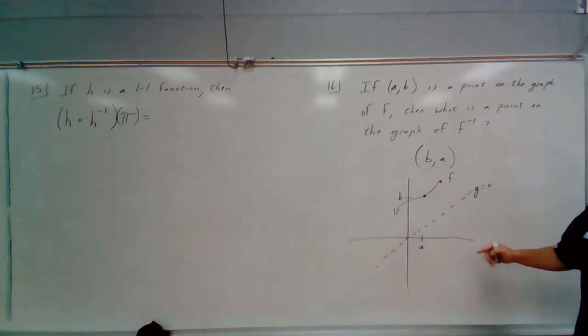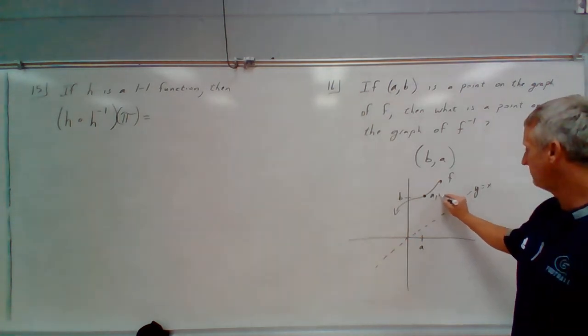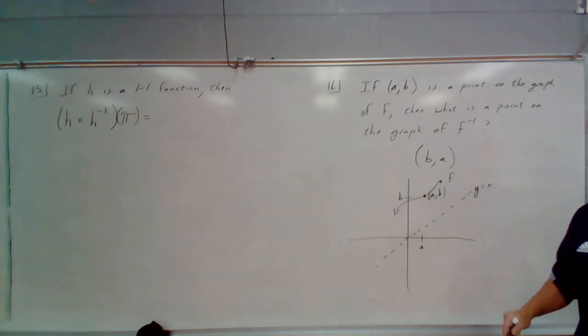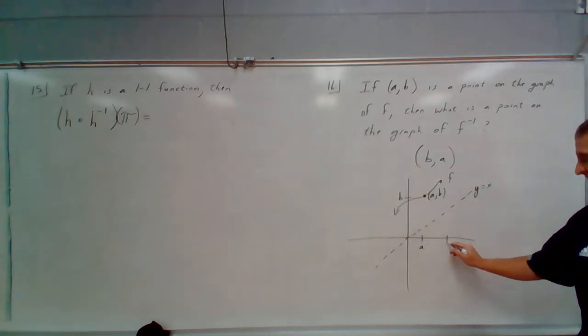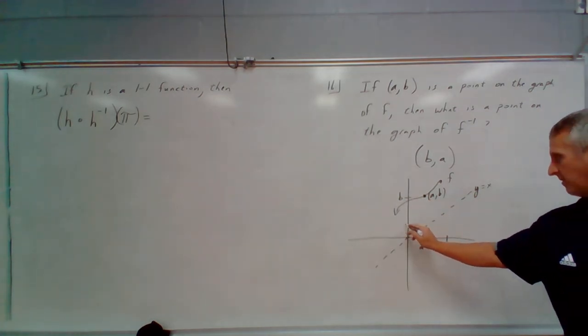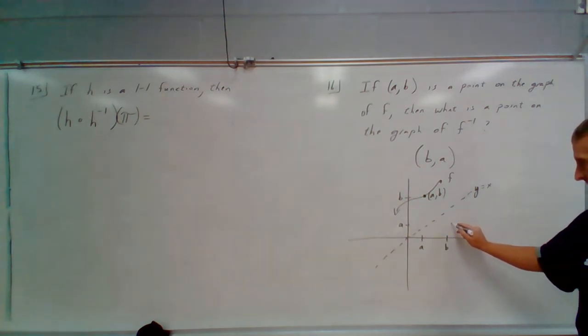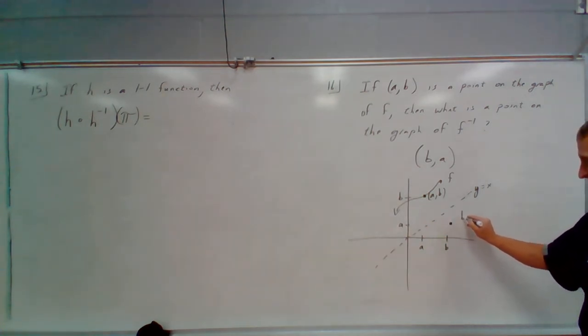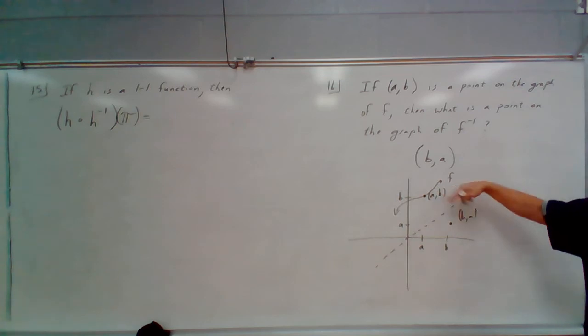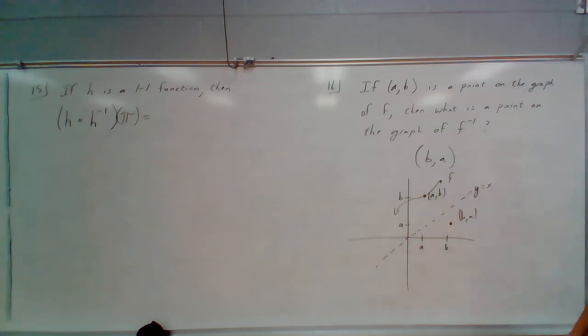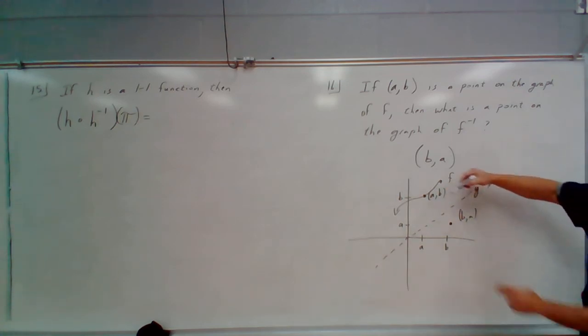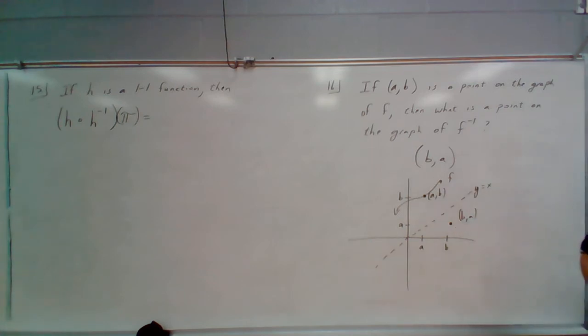Then we know f inverse is going to have the point (b, a). The graph of it would just be a reflection of that. Notice that it is reflected across the y equals x line.